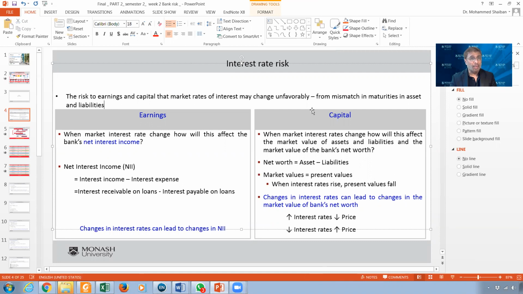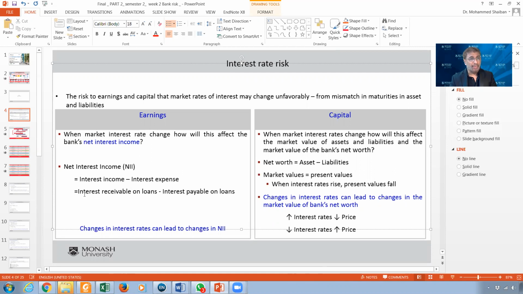Now, how does it affect the earnings, which means the income statement, the bottom line, the net income? When market interest rates change, how does this affect the bank's net interest income? Take this example. We have net interest income, which is the interest income minus the interest expenses.